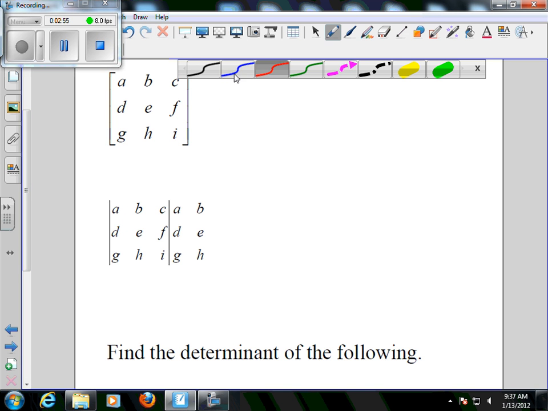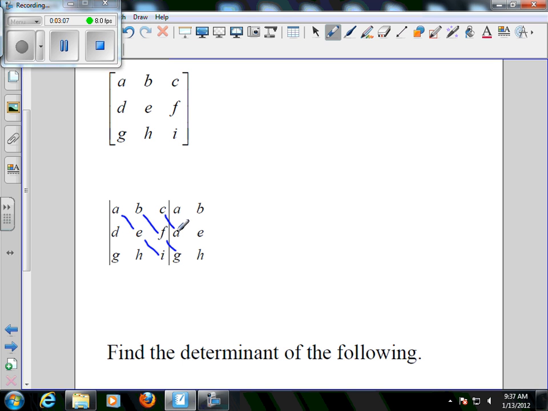We are going to multiply A, E, and I together. We are going to add to it B times F times G, and then add to it C times D times H. So let's write that out: A, E, I plus B, F, G plus C, D, H.